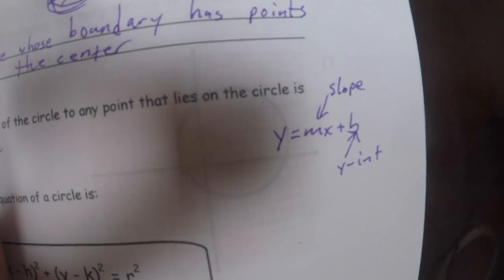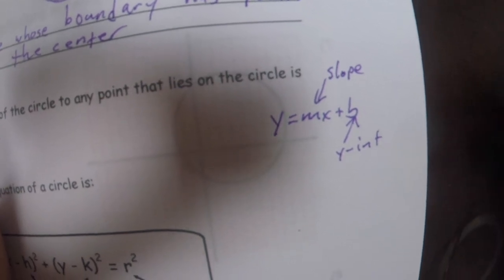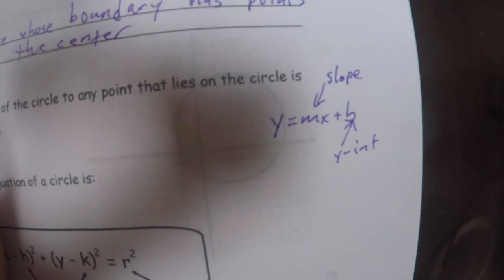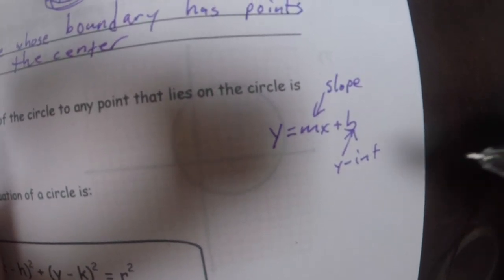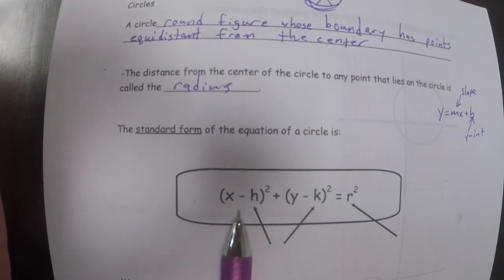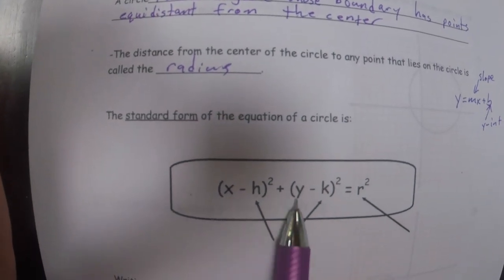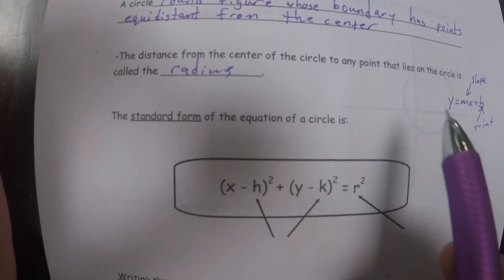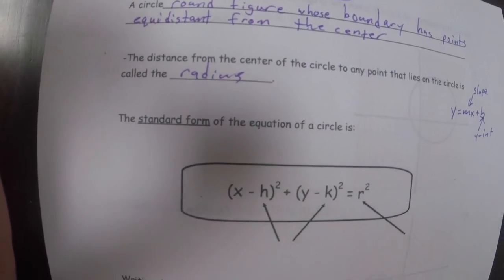And every single line that you draw in the coordinate plane would have an equation that looks like this. Just like every single circle that we draw in the coordinate plane has an equation that looks like this, where I can get all of the points, the coordinates of the outside of the circle, if I plug it into some equation.